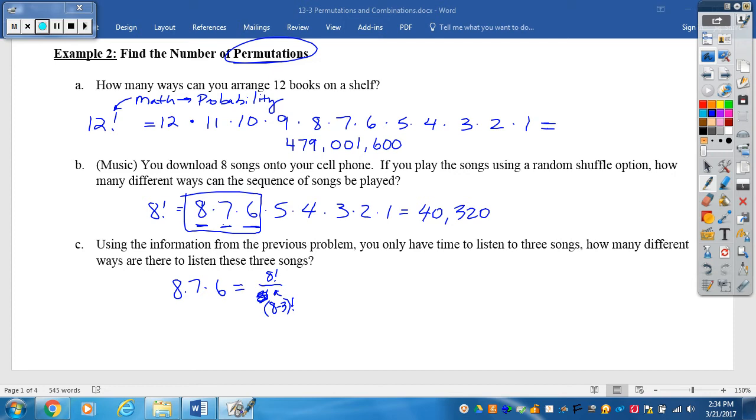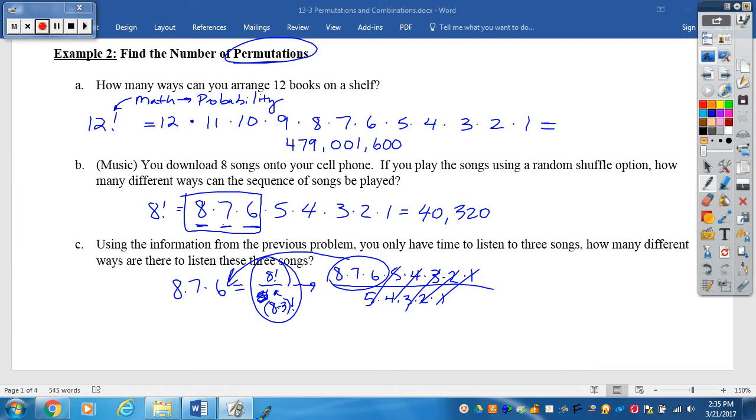What we would have left over is this right here. So your 8 times 7, 6, 5, 4, 3, 2, 1. And then on the bottom, 8 minus 3 is 5, so you would have 5 factorial down here. And if we cancel these out, what we're left with is what we started with over here, okay? And so in doing this, I actually kind of gave away the permutation formula, all right? And we're going to get to that in just a second.